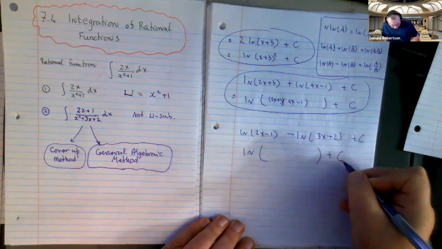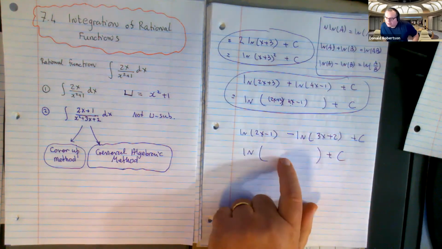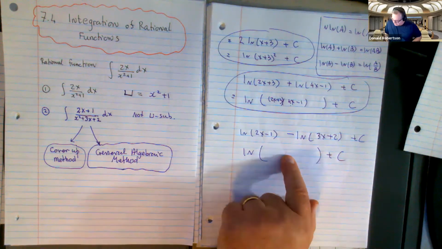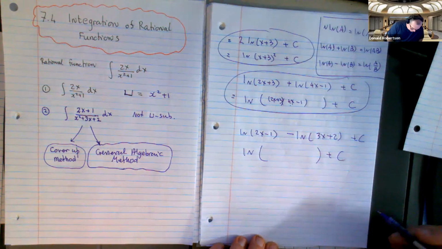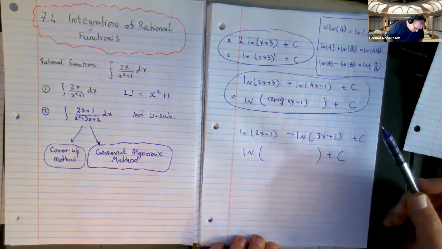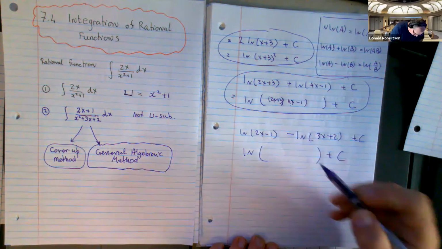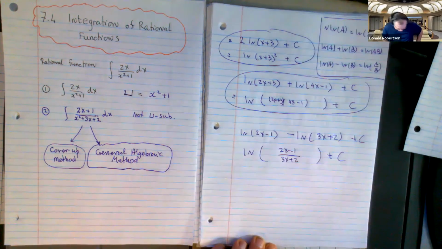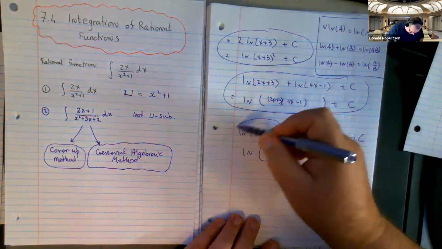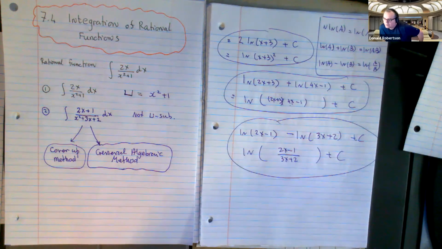Right, when you have 2 logs being subtracted, what do you think you now do if you want to combine them into a single log? Divide them. And the first one goes on top, divided by the guy you're subtracting on the bottom. Are you comfortable with that?